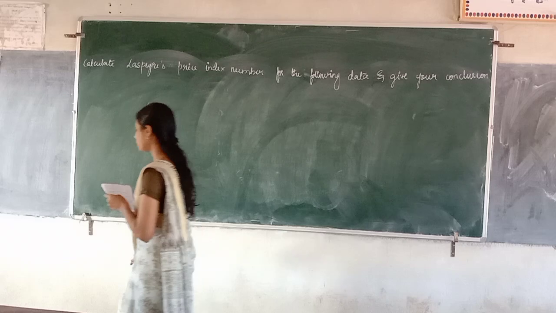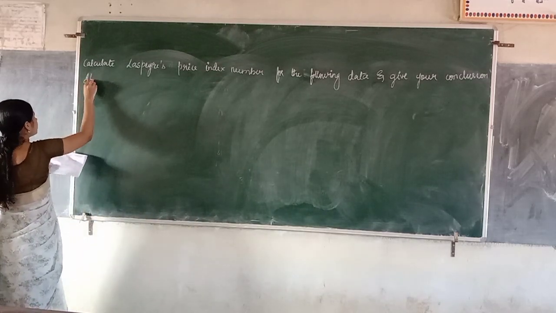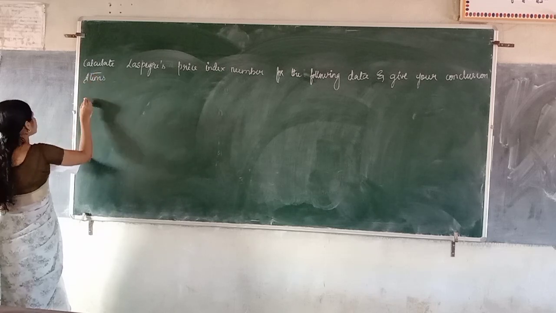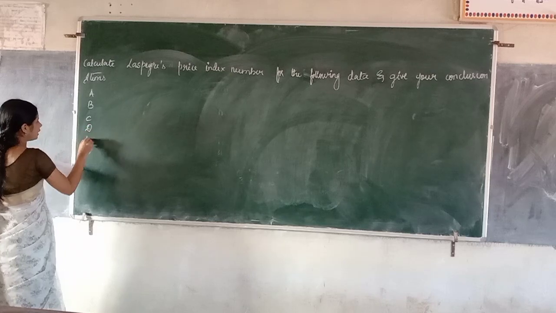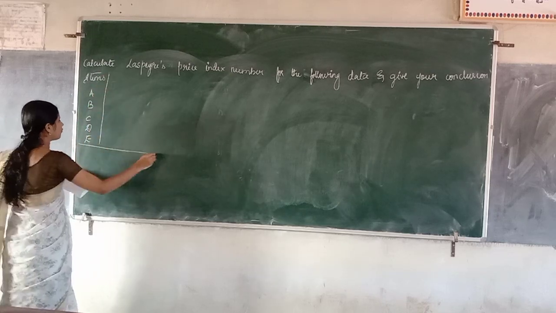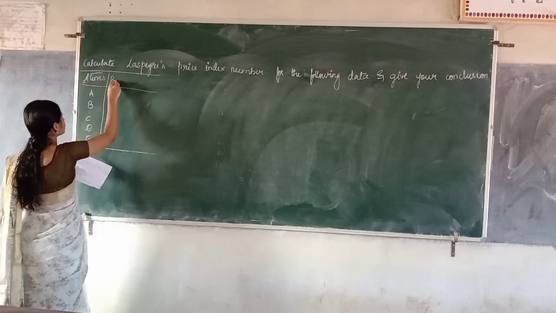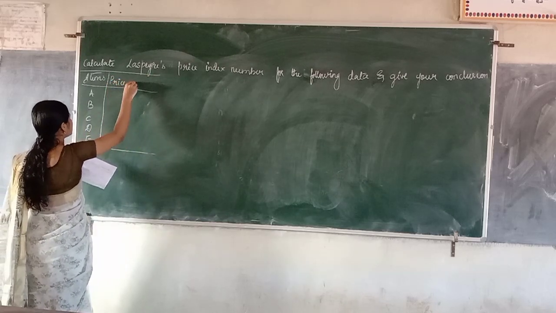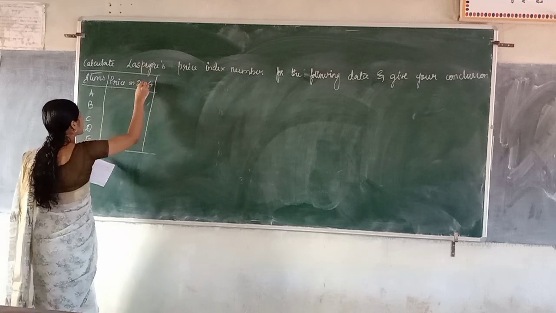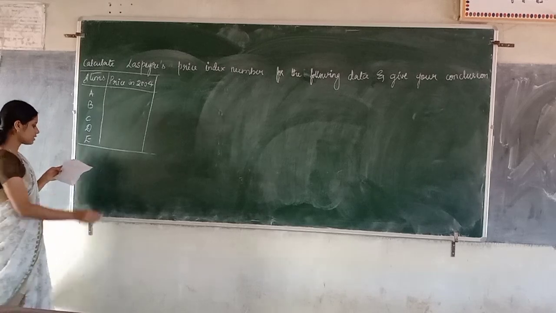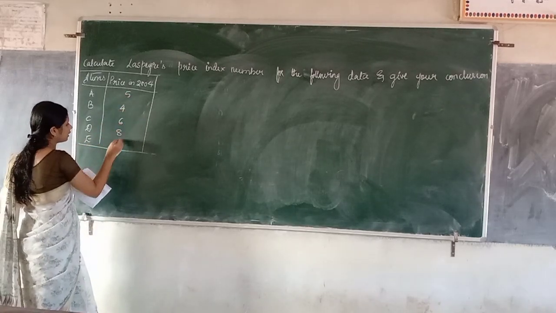The information given to us: the first column is items, that is A, B, C, D and E. 5 items are given. Next information is price in 2004, which is 5, 4, 6, 8 and 2.